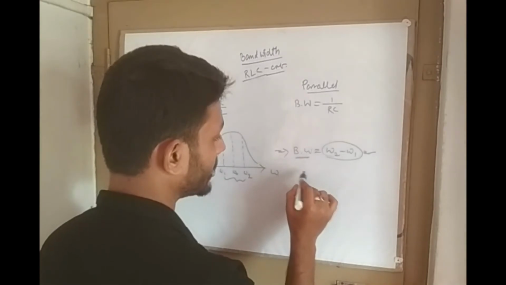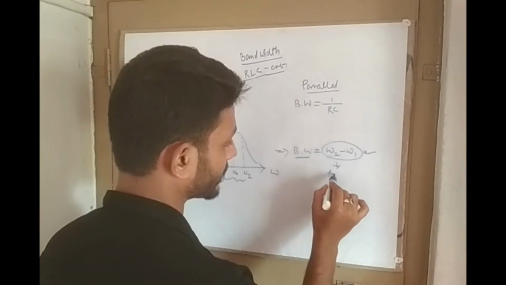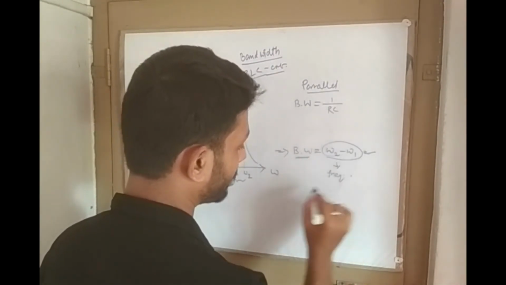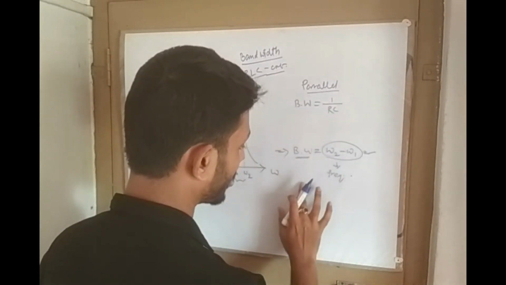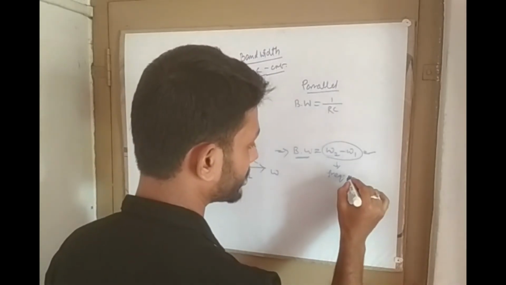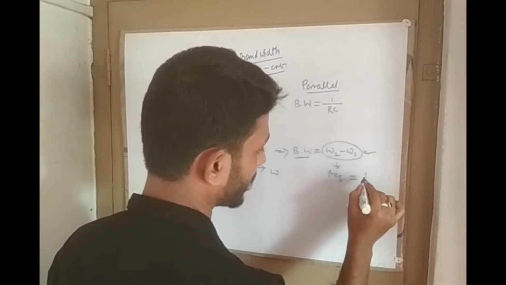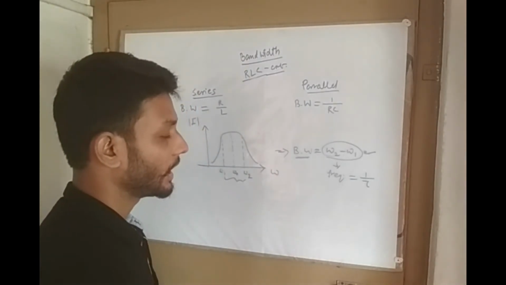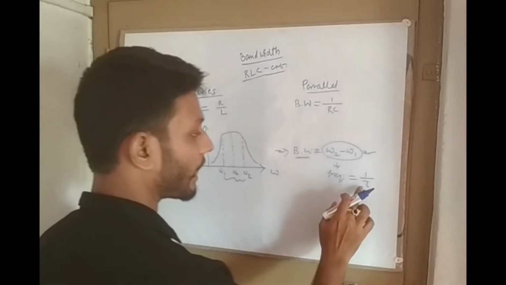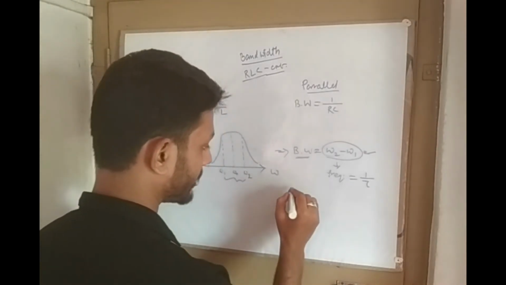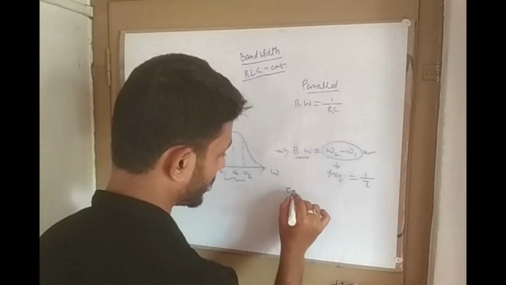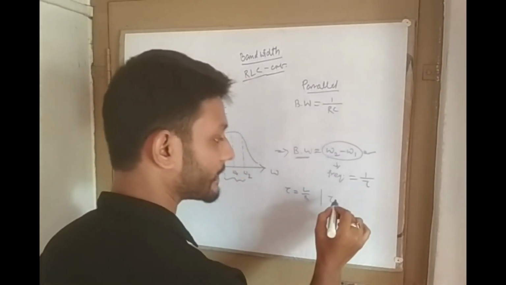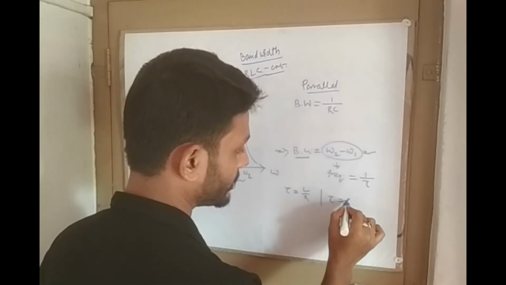So omega is nothing but the frequency, angular frequency, and we know the frequency f or omega equal to 2 pi f, frequency is nothing but 1 by time period, that is tau. And we know in case of RL series circuit the tau is L by R, and in case of parallel circuit the tau value is RC.